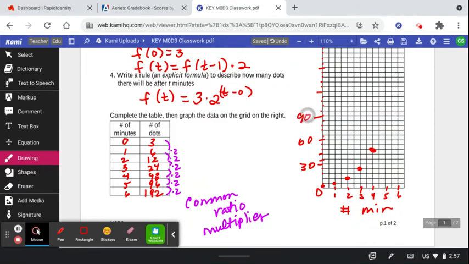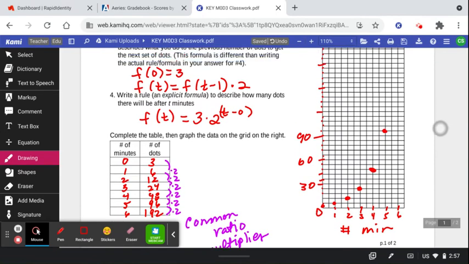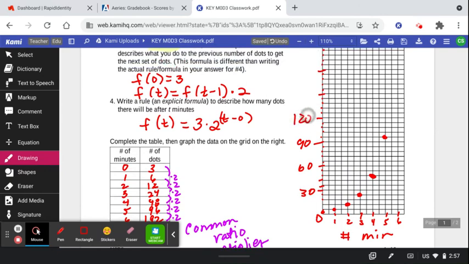So this would be 90. So the next line would be 96. And then 192. Let's see if we get that high. 186. 192. We made it. So counting by sixes, I was able to get up there.